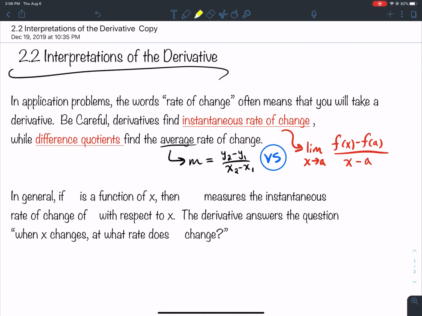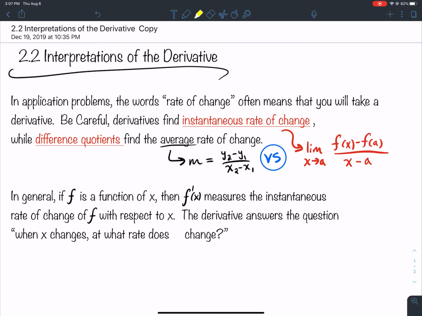So in general, if f is a function of x, then the derivative f prime of x measures the instantaneous rate of change of f with respect to x. Typically in physics applications, x is the independent variable time.